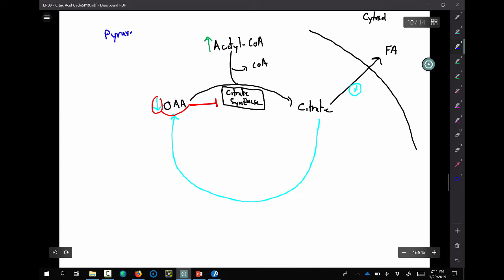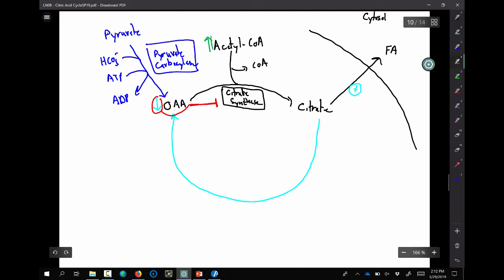Right, so here's what is fascinating about this. This enzyme, pyruvate carboxylase, carries out this reaction that we looked at in gluconeogenesis. That enzyme is allosterically activated by rising acetyl-CoA concentrations.